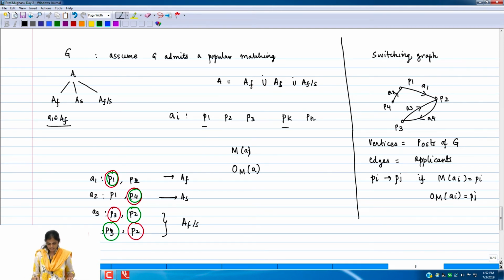So let's ask, how complicated can this graph look like? When I draw this graph on a big instance for an instance of popular matchings with some popular matching M, the switching graph is always constructed for a popular matching M, which is given to us. So somebody has constructed that.